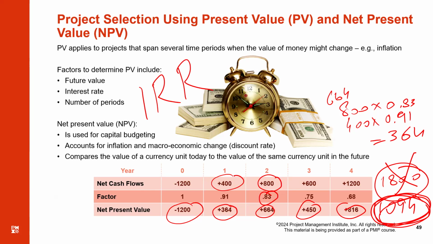That means if at 5% you are having minus 2000 and at 10% you are having plus 1094, there must be a percentage in between where you will have the break-even point. I mean, all the money you have invested into the project will be recovered. So let us try to find that break-even point in net present value.